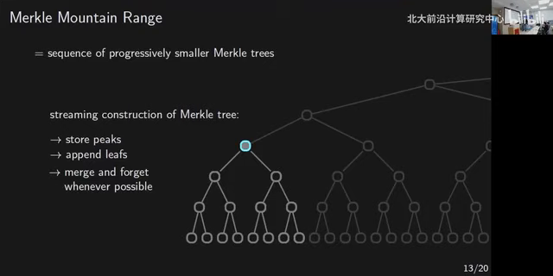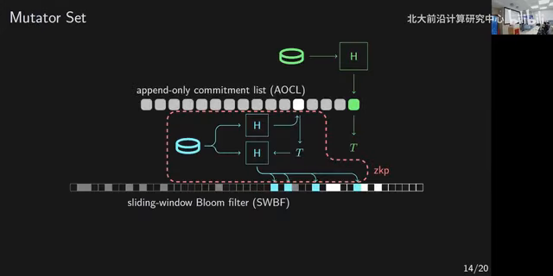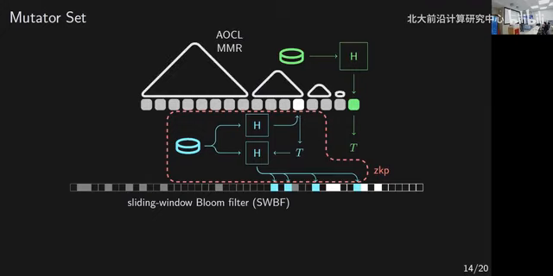Which is useful if you only have a logarithmic amount of memory available. And so, how do Merkle mountain ranges improve our construction? Well, for starters, we want to get rid of this huge list, and we want to represent it as a Merkle mountain range.